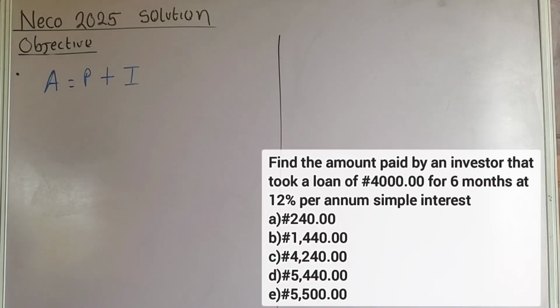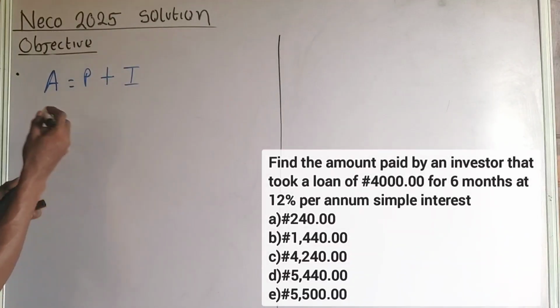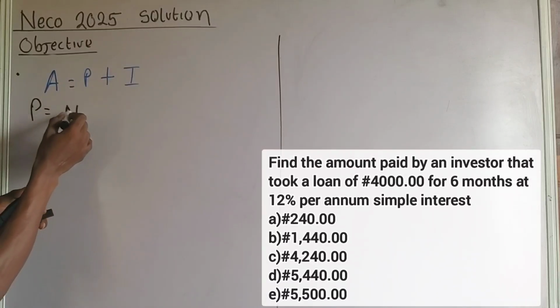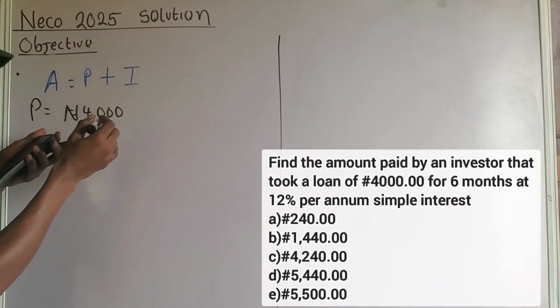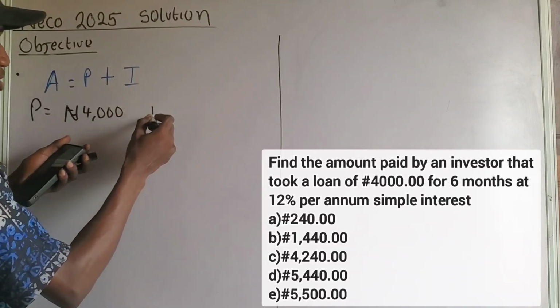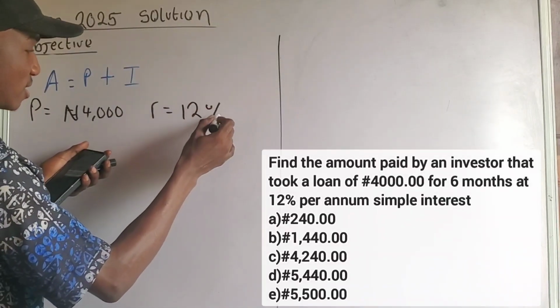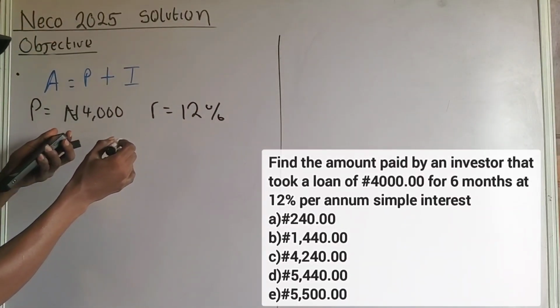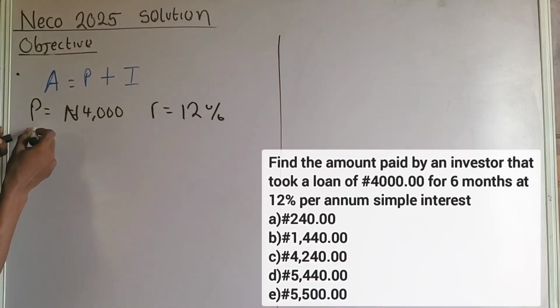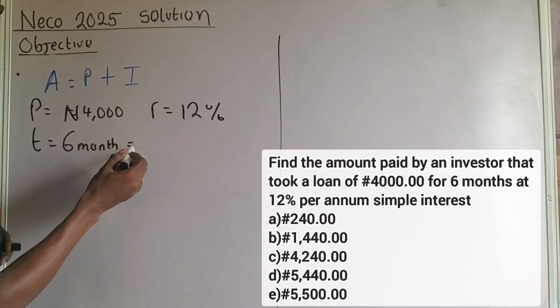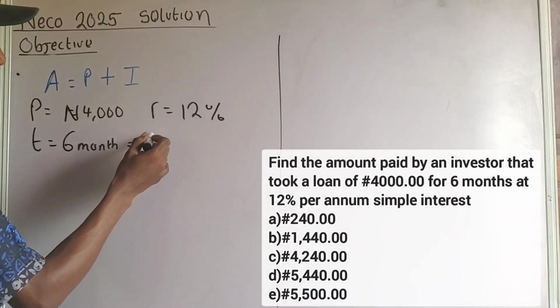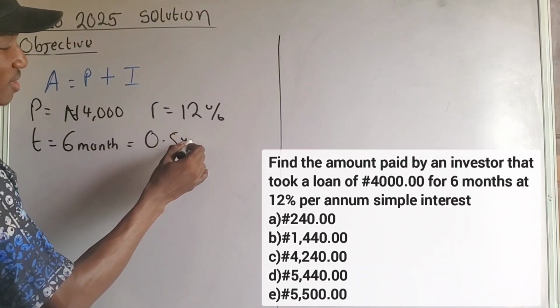And from the question, the principal is given as 4,000 naira, the rate is 12%, and the time is 6 months. Now 6 months is equivalent to what? 0.5 years.